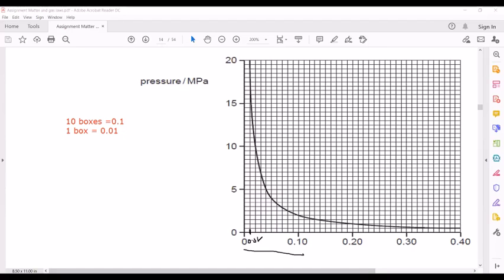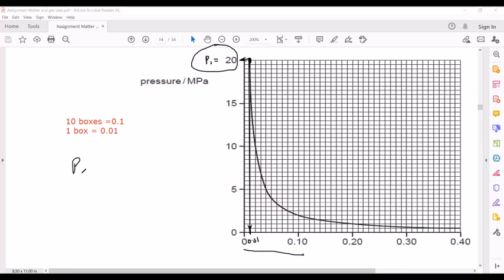Okay. An example, I took this as my first point. So if I took this as my first point, the pressure at this point is called P1. And the volume at this point will be V1. So what will be the volume at this point when I draw a line? This volume is the first, because it's the first box, so that's V1.